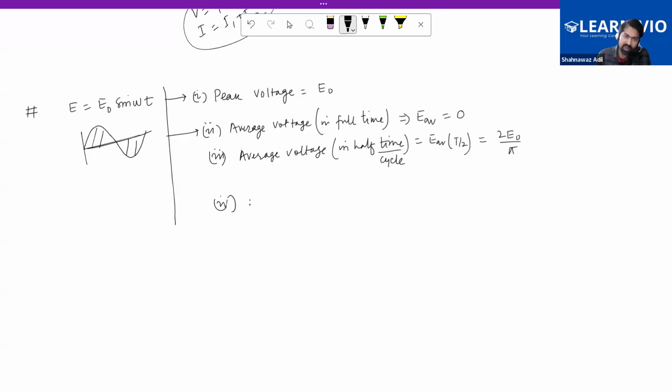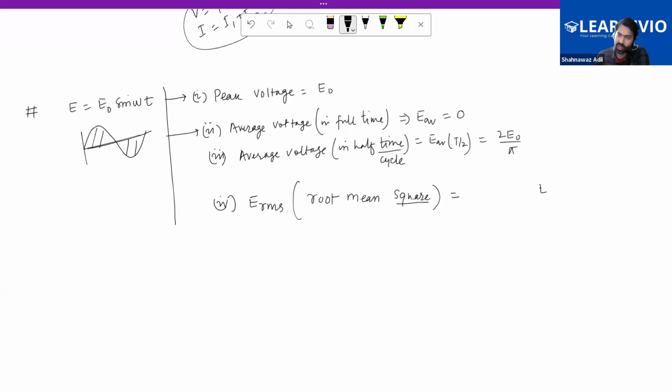And then we have the RMS value. So what is this RMS value? RMS value is root, mean, and square value. So first, what we will do is square.